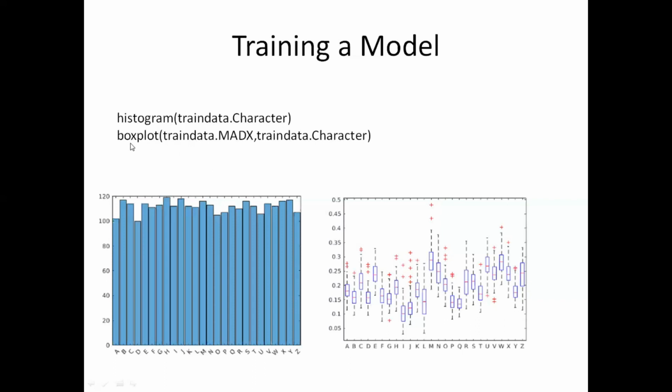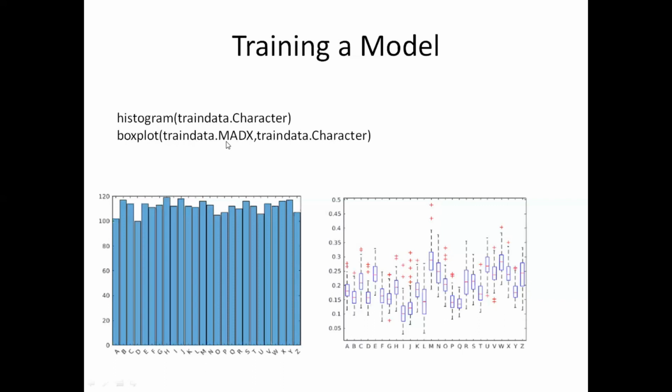Here, the box plot shown in this figure is for the training data, the feature MADX, that is the spread of the data, the x-axis position. We have seen how to extract this particular data in the previous video.